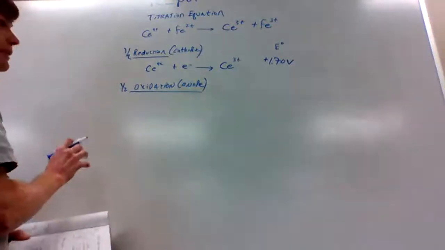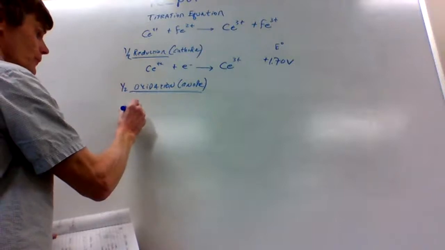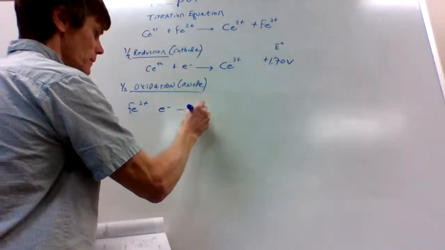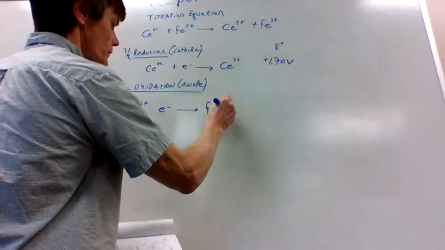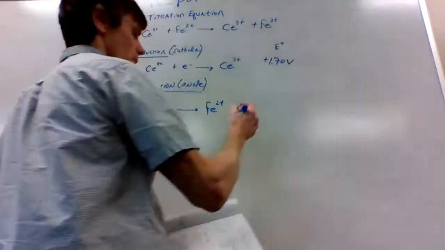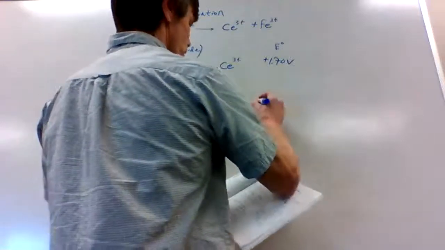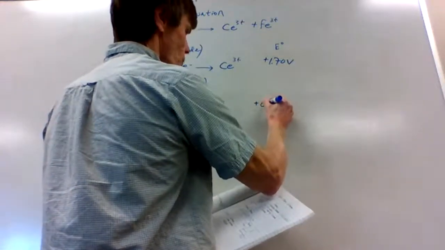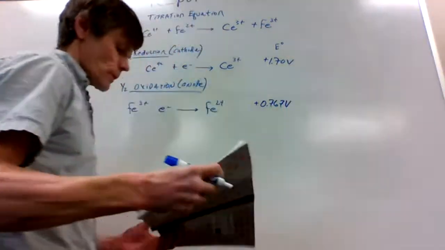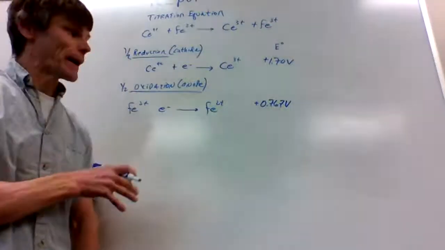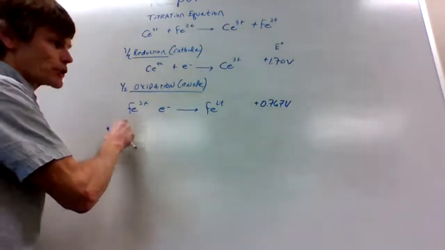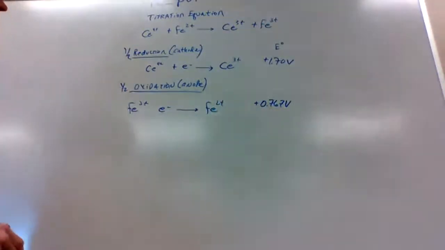The standard reduction potential is for iron 3 positive gaining an electron to form Fe2 positive. It's the reverse of what we have written in our overall equation. And we would find in our tables that this has a positive 0.767 volts. So far, everybody good with that? Even though this is an oxidation, we find the standard reduction potential from our tables.